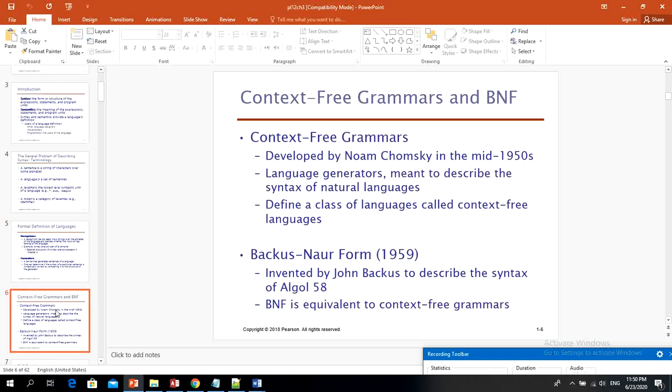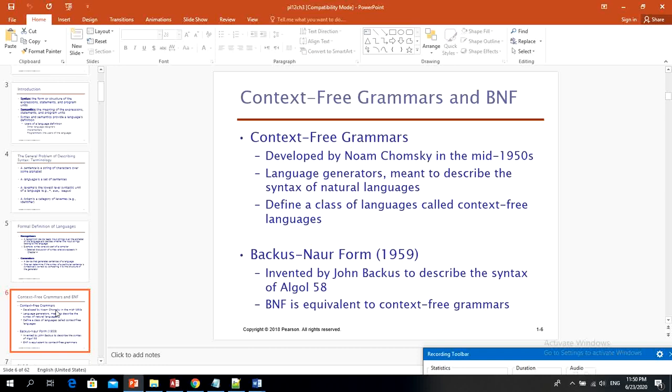Let us talk about context-free grammars. Context-free grammar, or CFG for short, is a common name in studying programming languages using BNF, Backus Naur form. What is a context-free grammar?